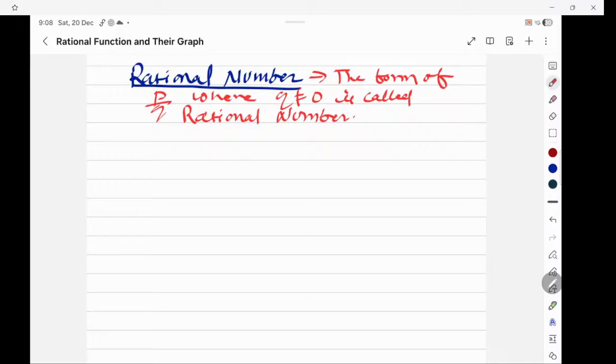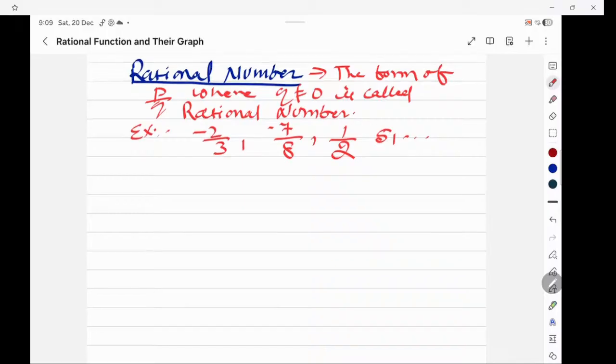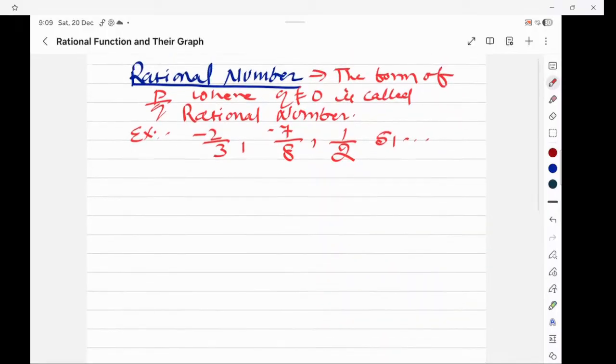For example, negative 2 over 3, negative 7 over 8, 1 over 2, 5, and so many other examples of rational numbers. The same idea we have in rational functions.